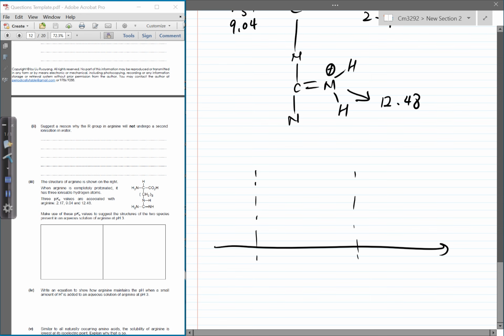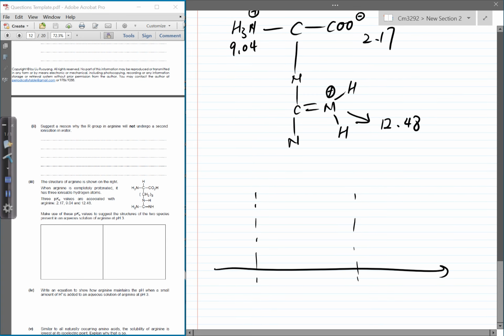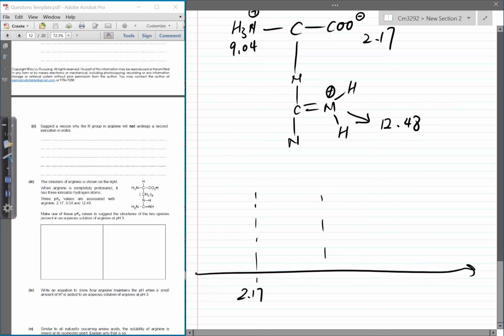So we know that at 2.17, actually it can be explained by this line. You have 2.17, you have 9.04, and you have 12.48. So pH 3 lies somewhere here. So within this region, you should have 2 species.